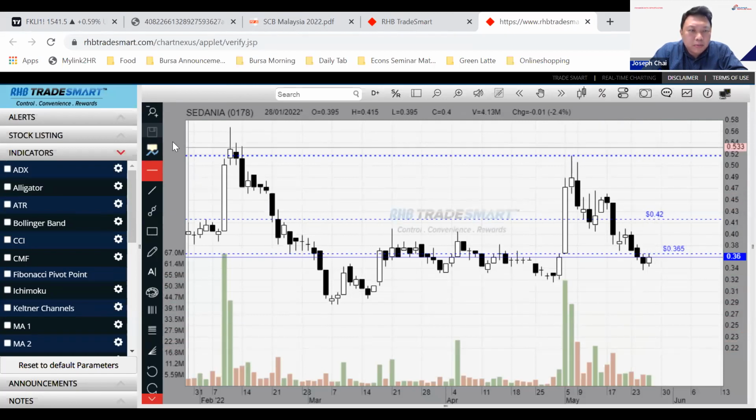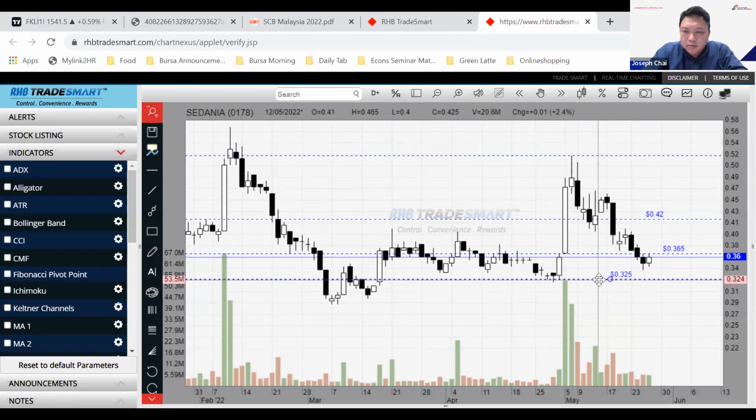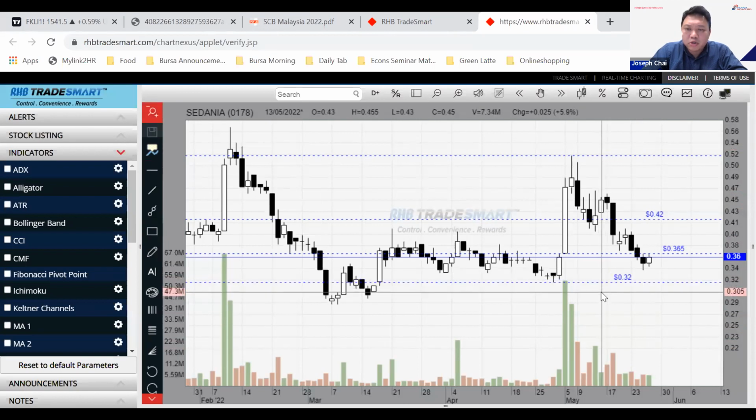I think the lowest support we can actually look at will be somewhere at 32 cents. Okay, right. So I'm not sure of your entry price, but you actually have to look at the thing and then try to see how to actually manage the Sedania positions.